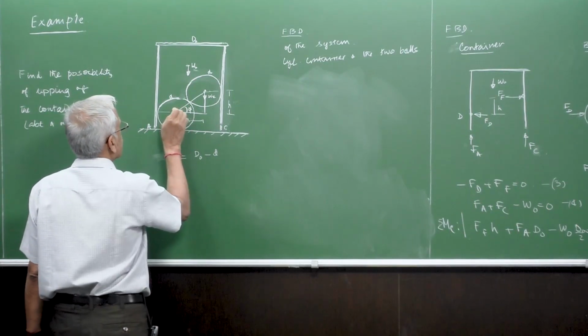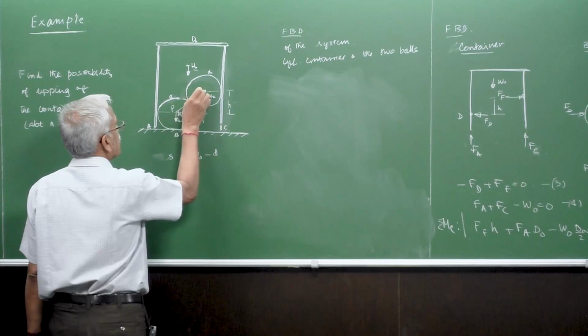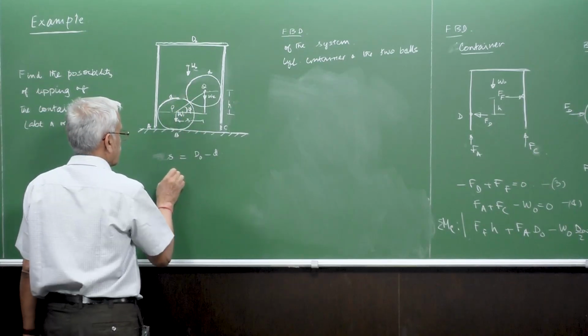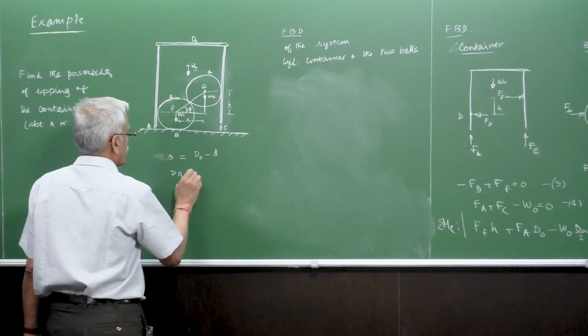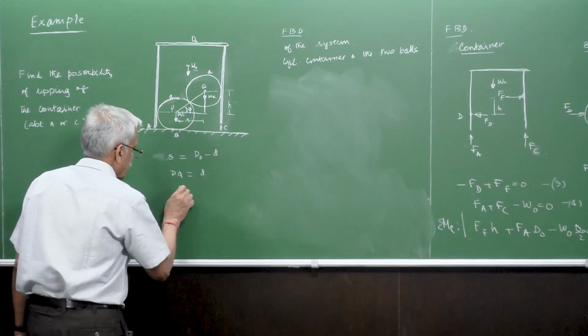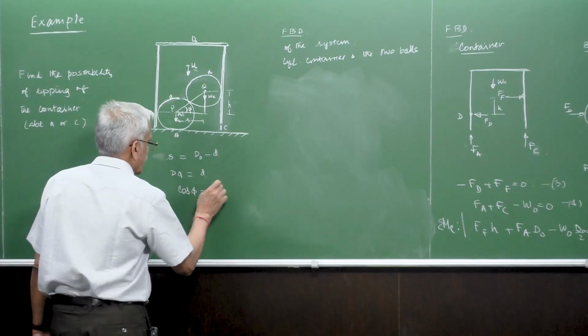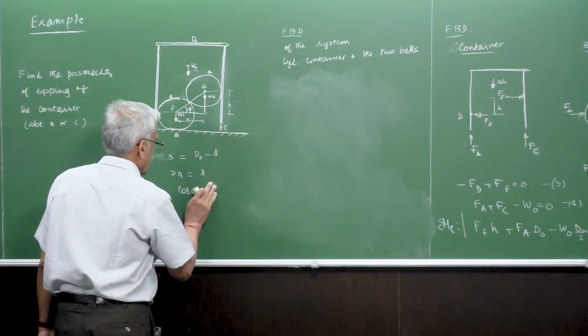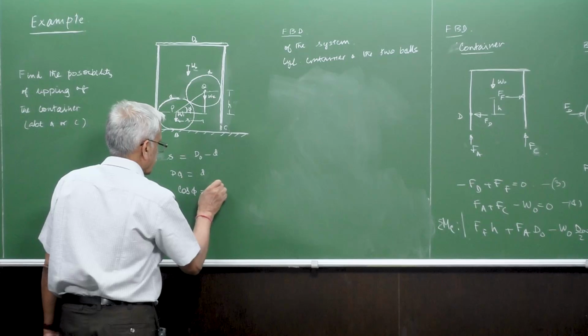And the distance between P and Q is nothing but the diameter d, and so we have cos phi as d naught minus d.